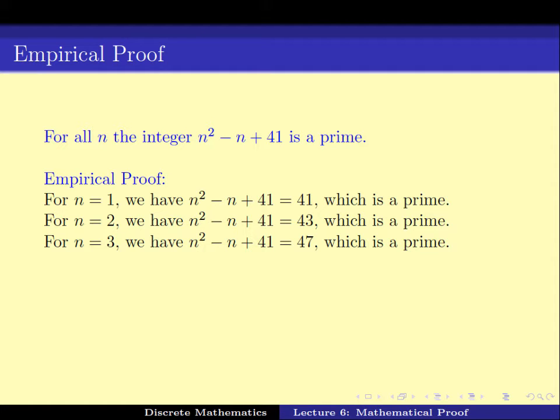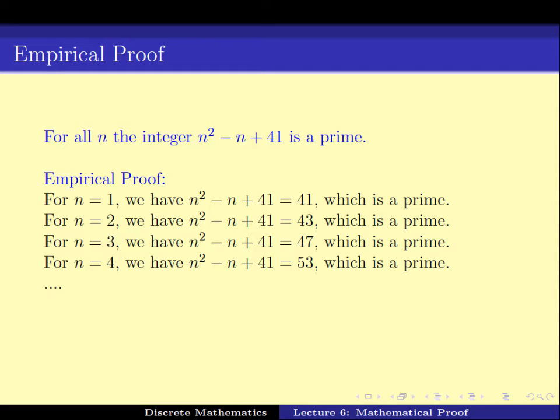Okay, great. One more step. Again, if n equals 4, you can check that the expression equals 53, which is again a prime. And if you want, you can keep on checking. For example, n equals 5, 6, 7, 8, 9, 10, and so on. Go up to 20, 30, 40, and you will see that the statement is correct.